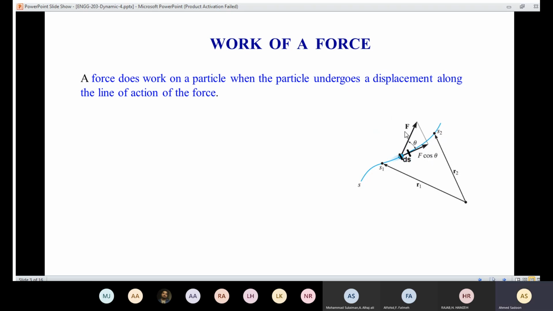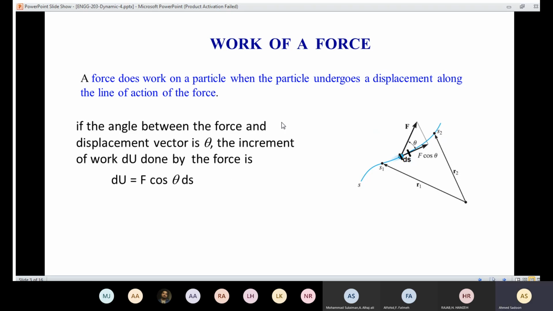And if I multiply the force component along the line of displacement by ds, then I'm going to get the work. I'm going to say that that force does a work on the particle. If that displacement is very small, ds, then I'll be able to determine the increment of the work, du.